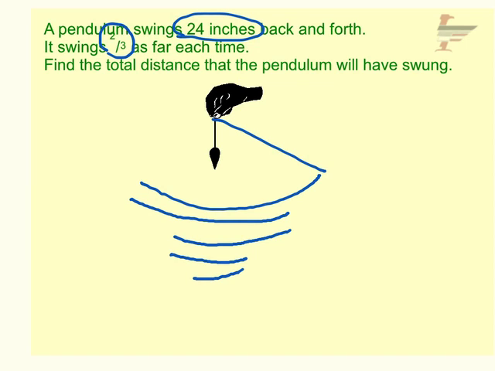Eventually we know gravity would keep this from moving any further, but because mathematically you can always go 2/3 of the previous distance, that makes it an infinite geometric series, and you will be able to find a sum. So watch the video on this just to see how these get set up.